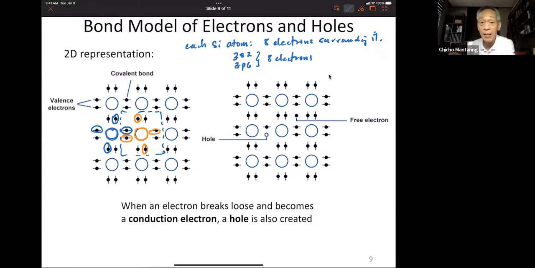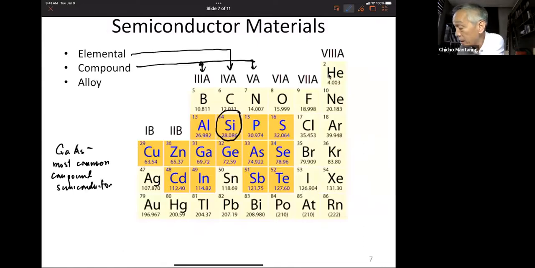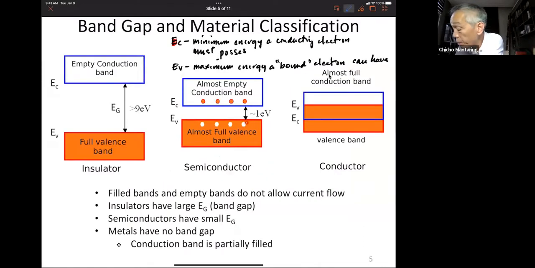Okay, what happens, for example, if I impart some energy to this particular atom? If I impart some energy to this particular atom, let's say it can jump from the valence band to the conduction band.